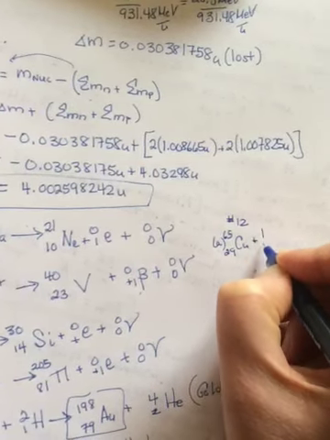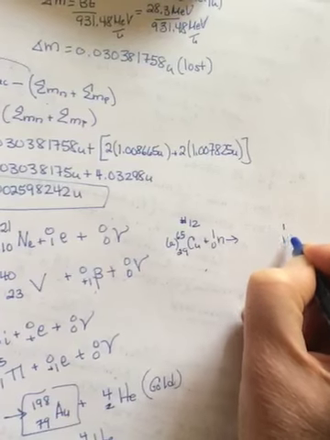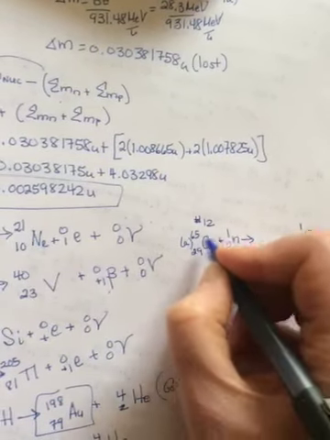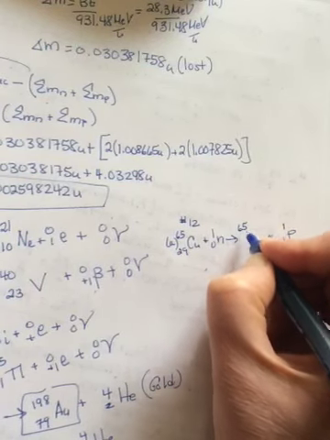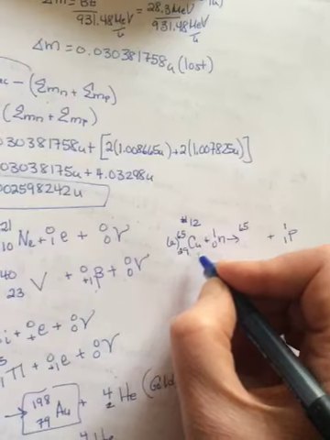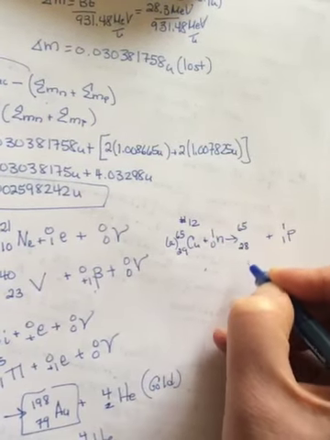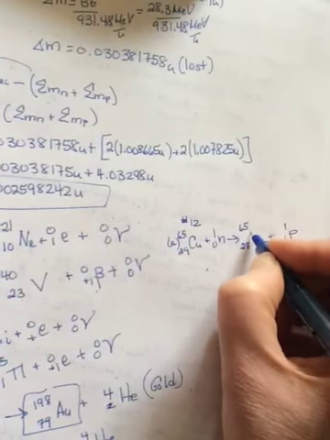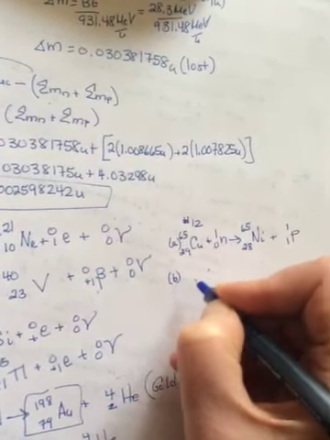A neutron is absorbed, and then a proton is emitted. So on the top, the total on the product side has to be 66. On the bottom, the total is 29, so the total over here has to be 29, which means this needs to be 28. Look up 28 and find out that it's nickel.